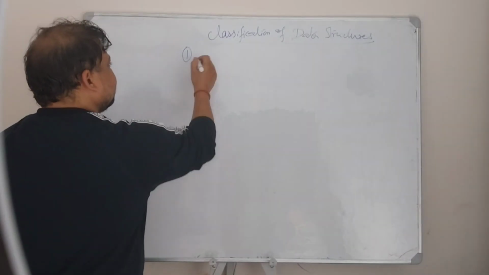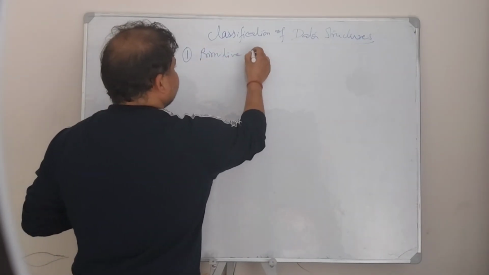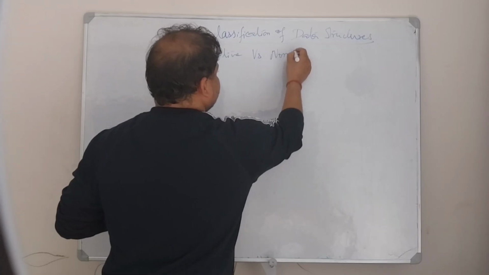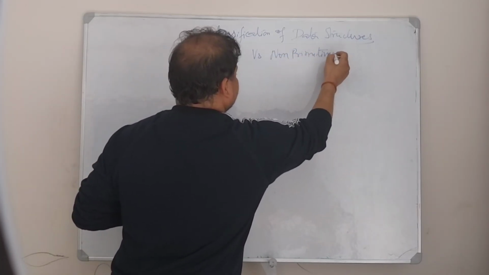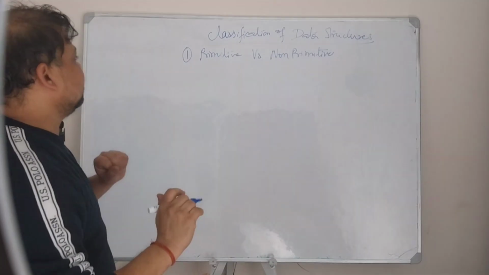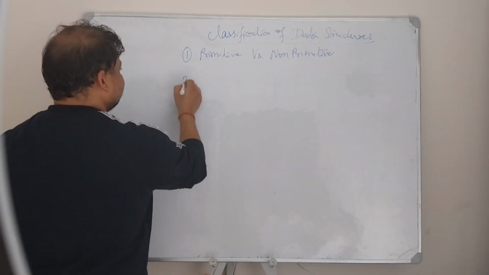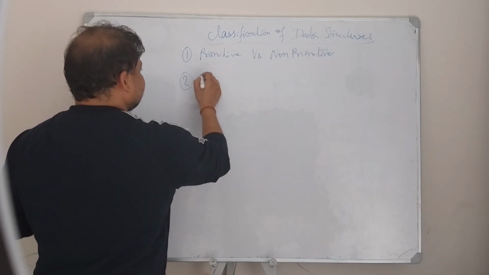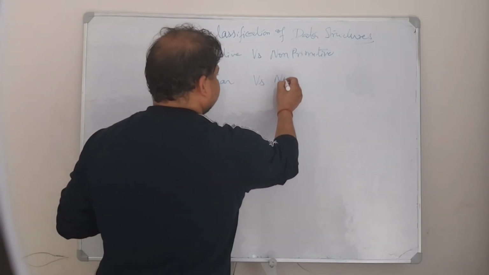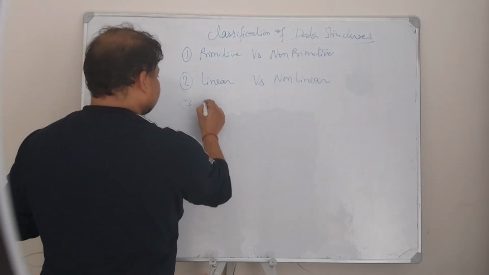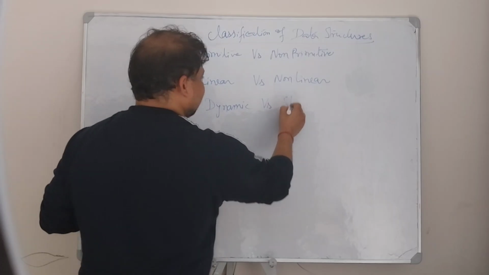So here the first one is primitive versus non-primitive. That is the first criteria, into which we will try to categorize and classify the data structure. Second one is linear versus non-linear. Third one is dynamic versus static.